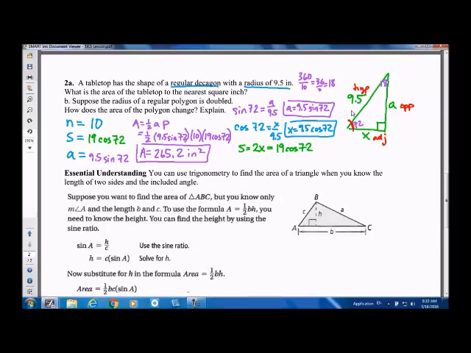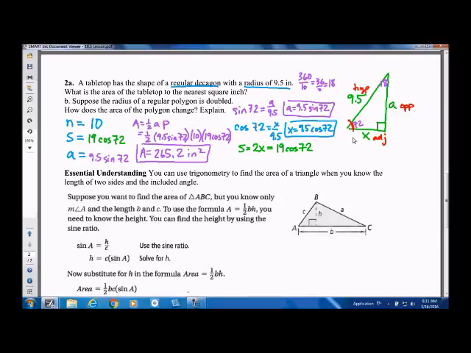If I'm using 72, I mark my angle. I label opposite, hypotenuse, and adjacent. And I see that I am going to be using sine and cosine because I have a hypotenuse. So I used sine to find the measure of the apothem, 9.5 sine 72, and I used cosine to find the bottom length of my triangle, which is 9.5 cosine 72.